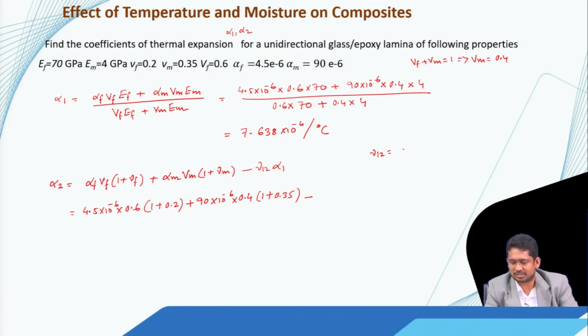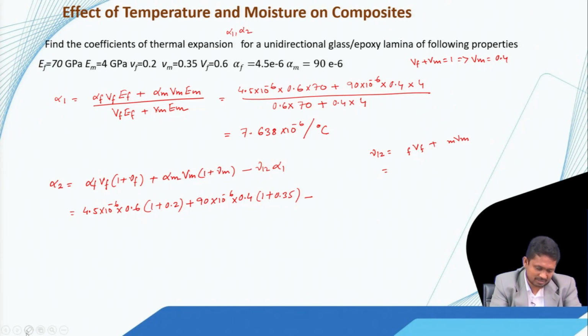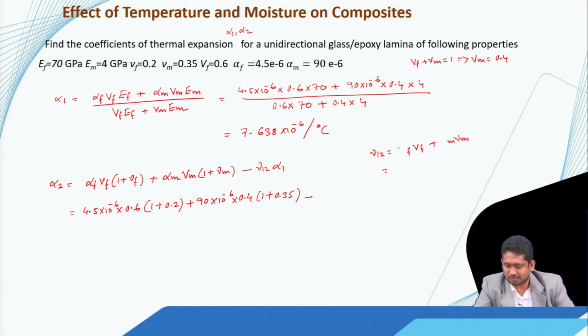So, nu 1 2 is, sorry, not alpha f, nu f Vf plus nu m Vm, and if I put the values of these respective nus and the respective capital V's, finally what we get is 0.26.